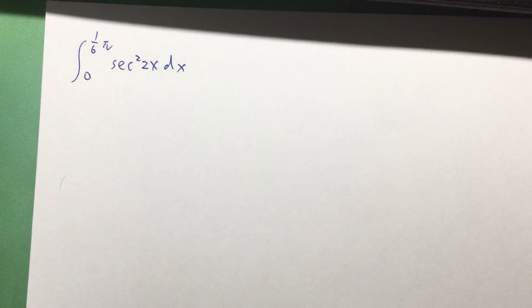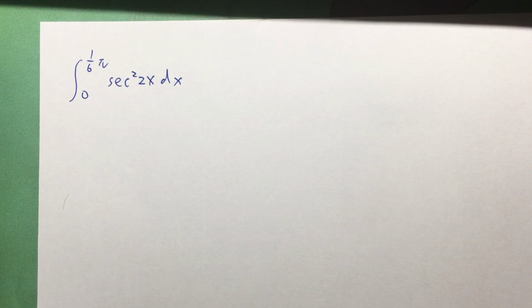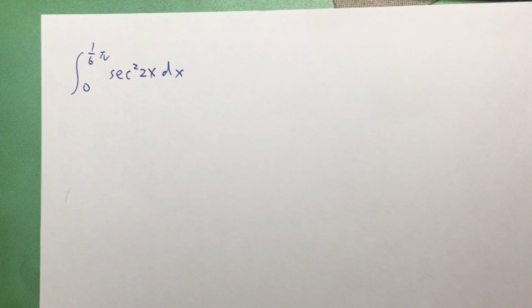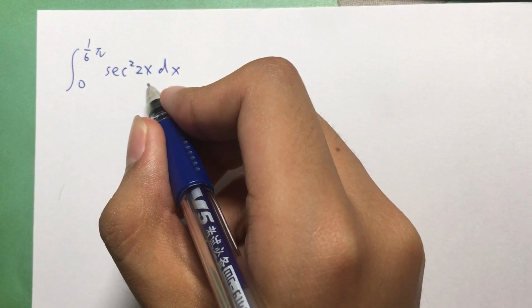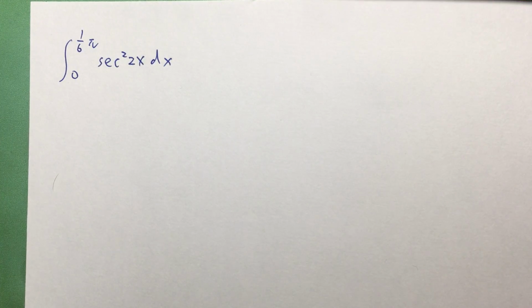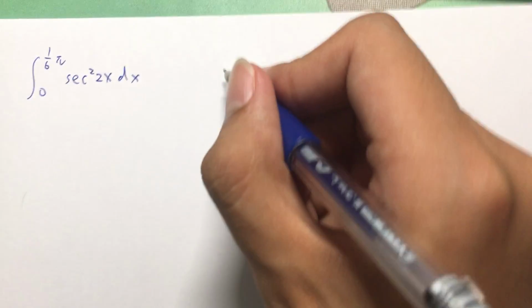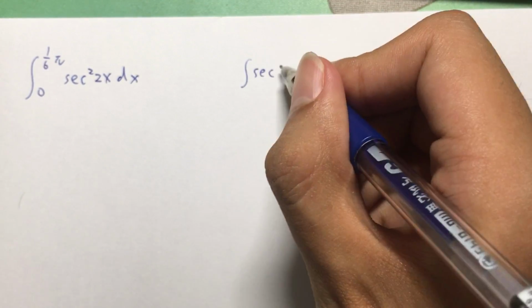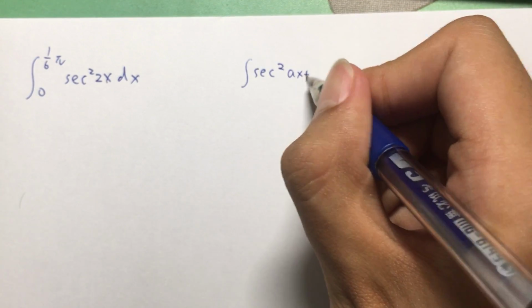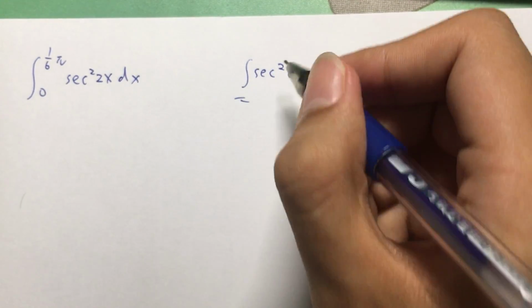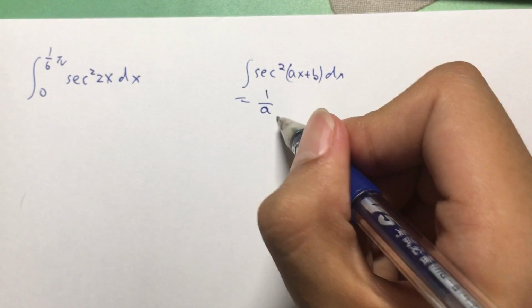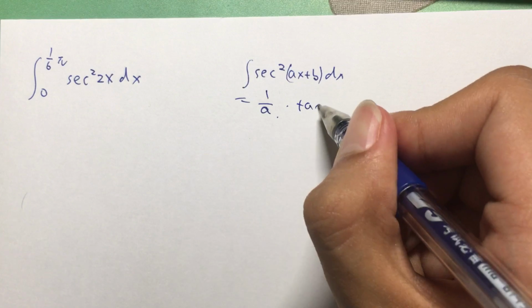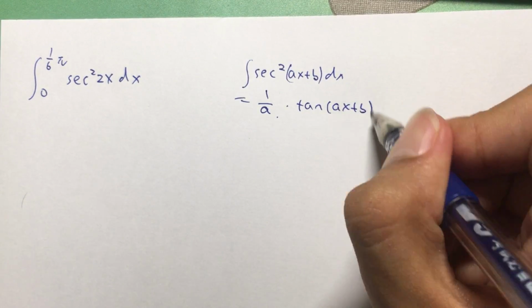Okay, now let's do another question, which is a definite integration. It's secant squared 2x dx. For secant squared ax plus b dx, we can also apply the formula so that we bring the a down, so 1 over a times tangent ax plus b plus c.